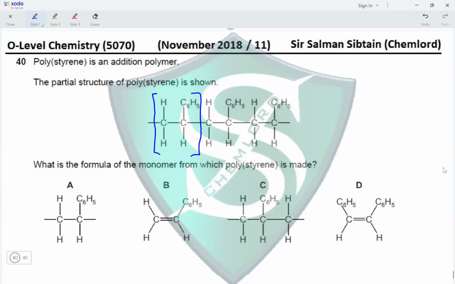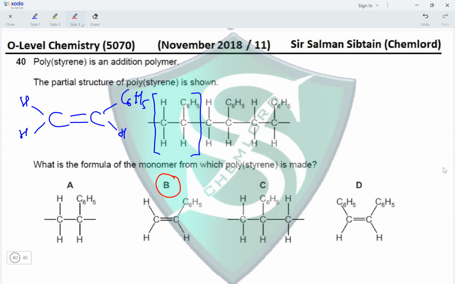Therefore, in the monomer for polystyrene, there would be two carbon atoms having a double bond between them, with the one on the left having two hydrogen atoms, the one on the right having one hydrogen and one C6H5 group attached to it via a covalent bond. This is the same structure given in option B, making option B the correct option for this question.